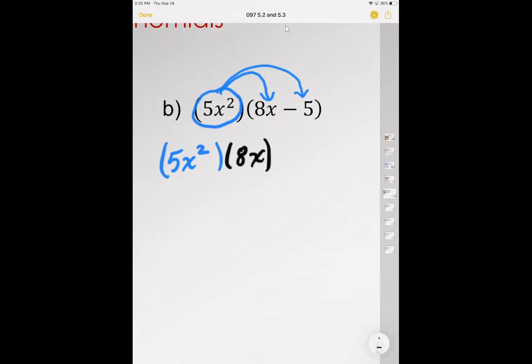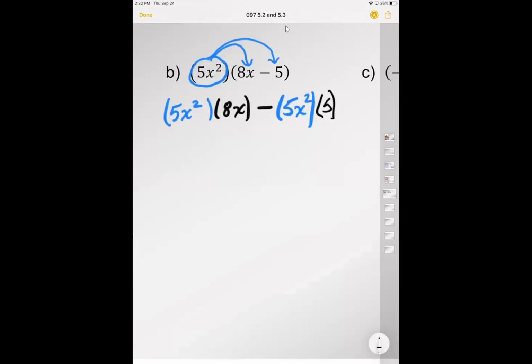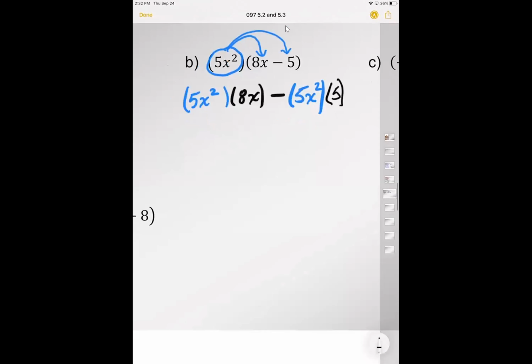And again, because of this minus, I take the 5x to the second and I multiply that to my 5. Basically all we're doing is we take the 5x and we distribute it into that.